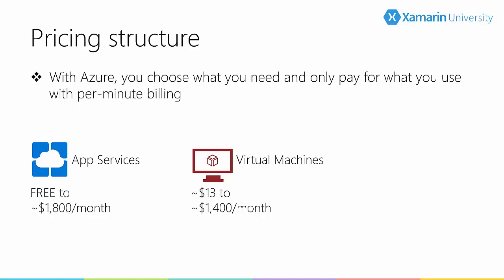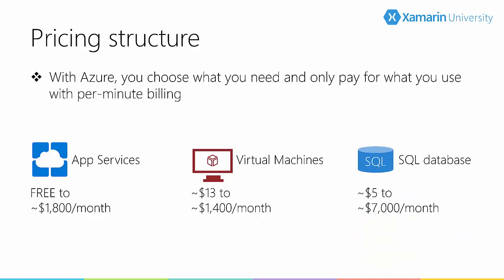That comes out to about $13 a month for a 24/7 VM. At the high end today, we can get a machine with 16 cores, 112 gigabytes of RAM, and 800 gigabytes of hard drive at $1.54 an hour, which comes out to about $13.79 a month. Again, these are US-based central region prices, and so as you change the region or the data center, the price per month will change.